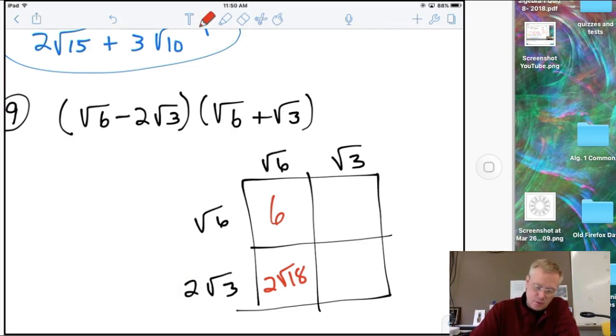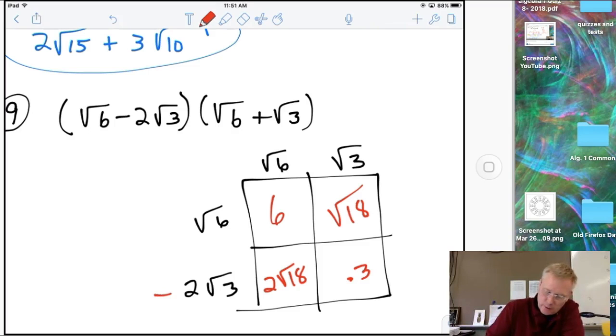Square root of 3 times the square root of 6 is 1 square root of 18. And square root of 3 times the square root of 3 is 3. And 3, it should have been negative, times negative 2 will give me negative 6. So that's what I get in that box there. This should be negative 2 square roots of 18.